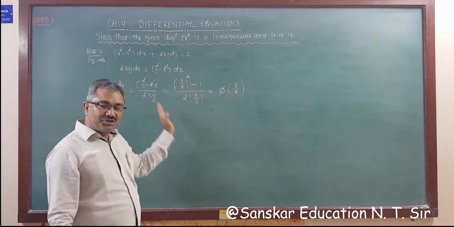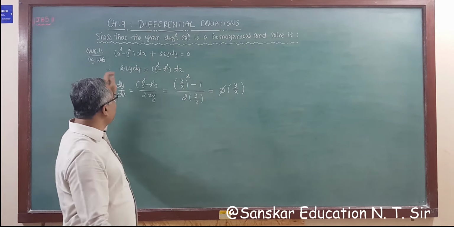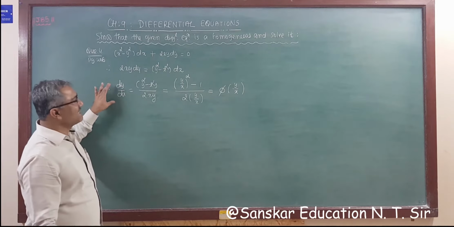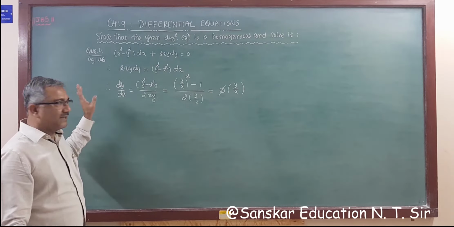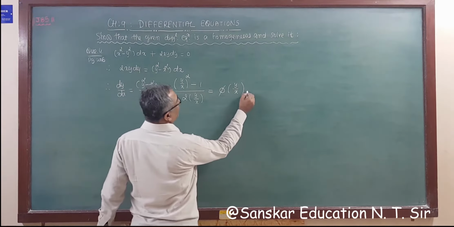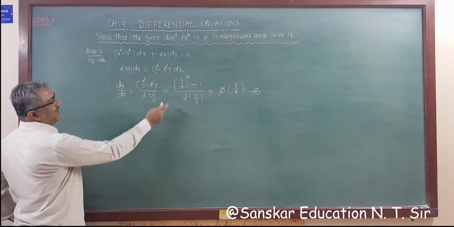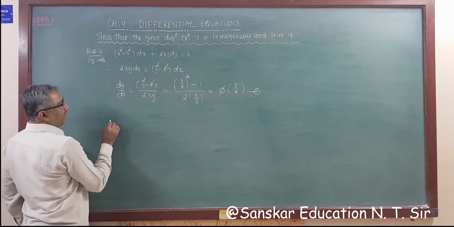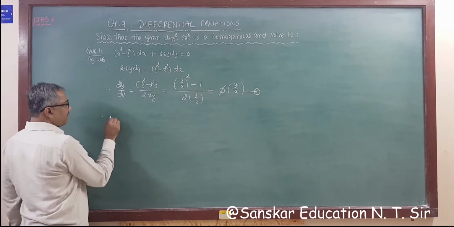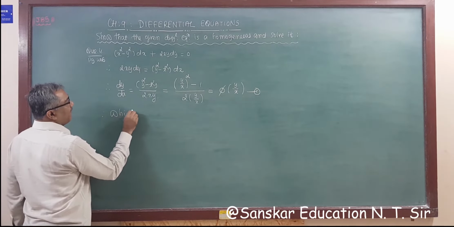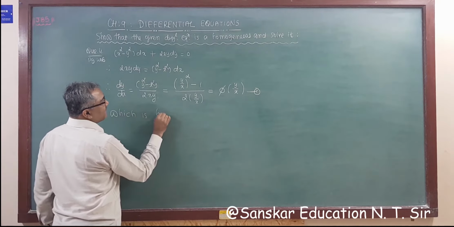So this is a homogeneous function with degree 0, and therefore equation number 1 is a homogeneous differential equation, right? So I am calling this equation number 1.